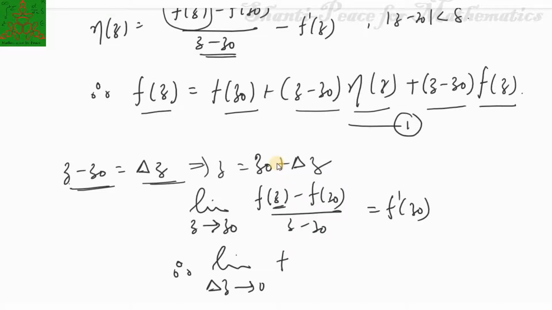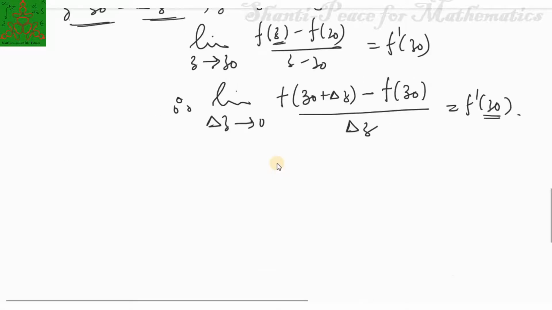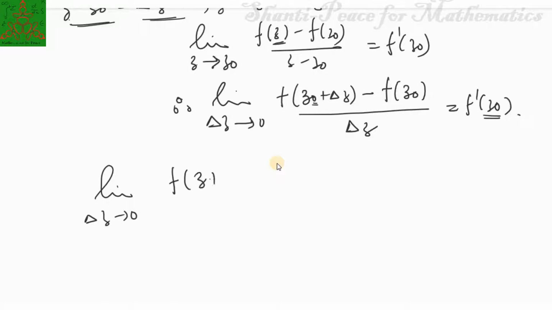So it is f of z0 plus delta z minus f of z0 upon delta z equal to f dash of z0, and this is true for any point z0 in general. So we usually write it without the suffix 0: limit delta z tends to 0, f of z plus delta z minus f of z upon delta z equal to f dash of z.